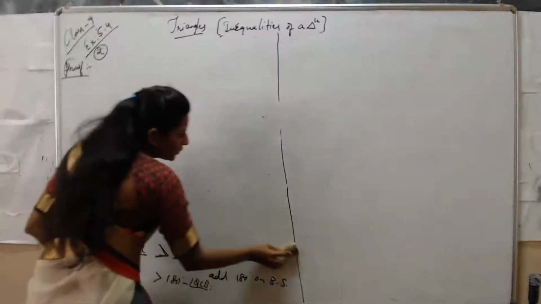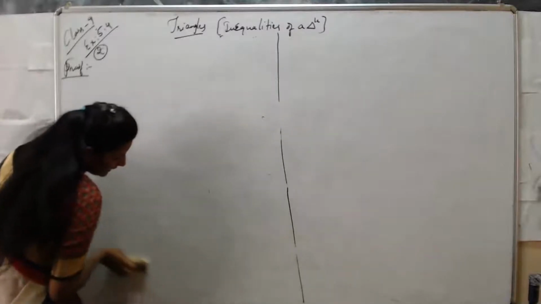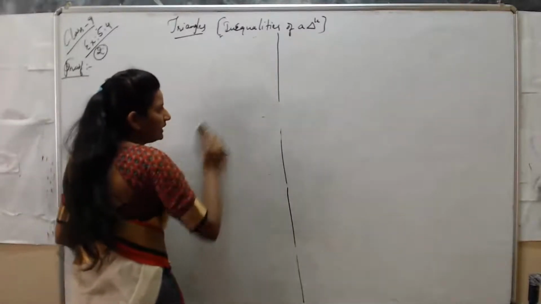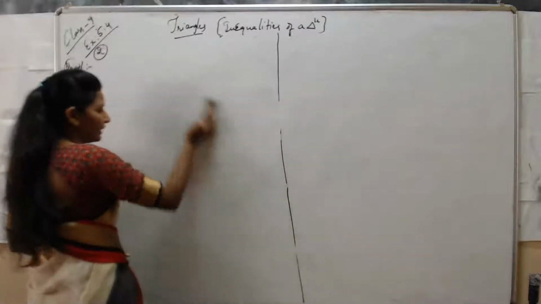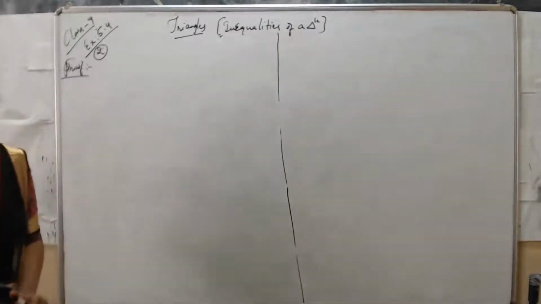Inequalities only we are proving, like AC is greater than AB, or one angle is greater than another angle. We are proving inequalities of a triangle.